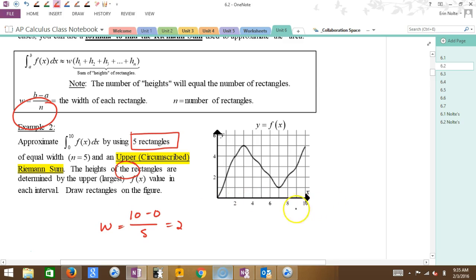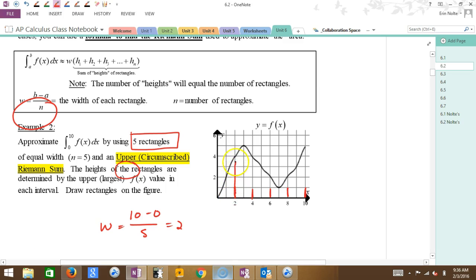So we know that my width of these is 2. I'm looking at my graph now, and I'm going to 10, and I'm going to have a rectangle here, here, here, here, and here. To draw these rectangles, I'm going to use my upper values. If I'm looking at the rectangle from 0 to 2, what value is my upper value for the x? 2, right?